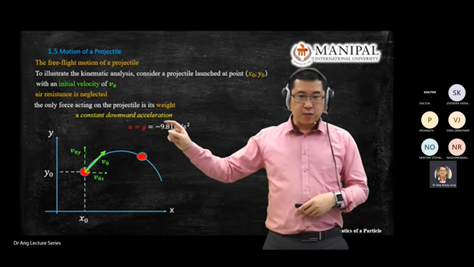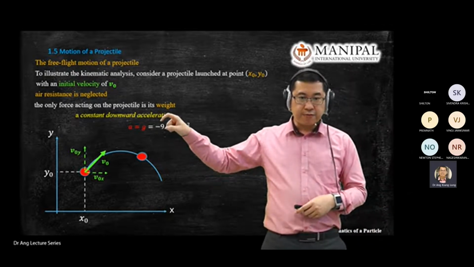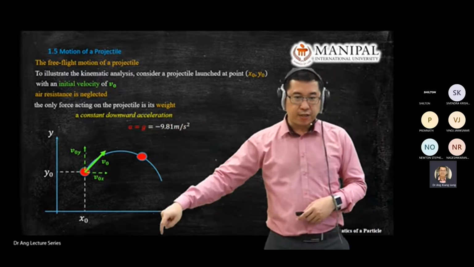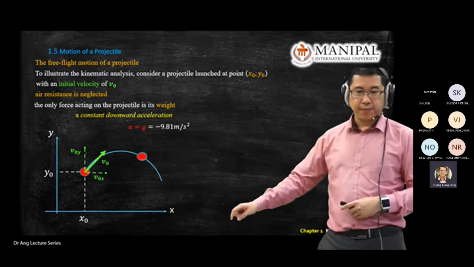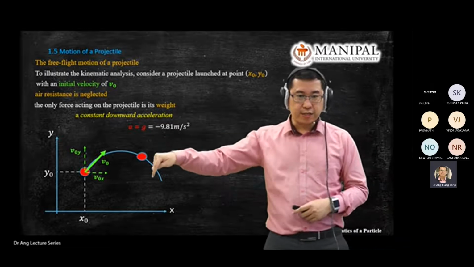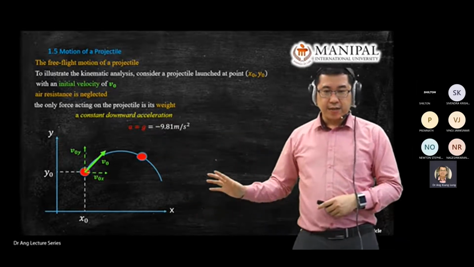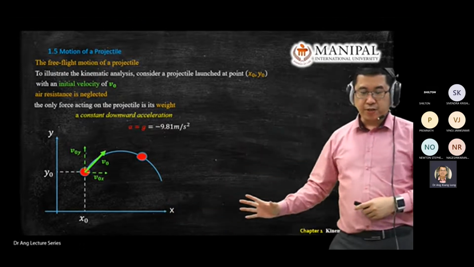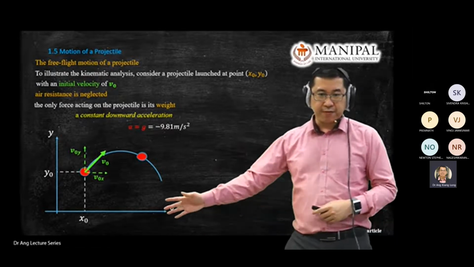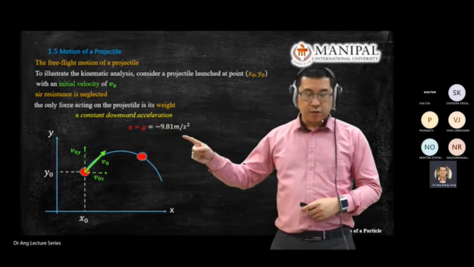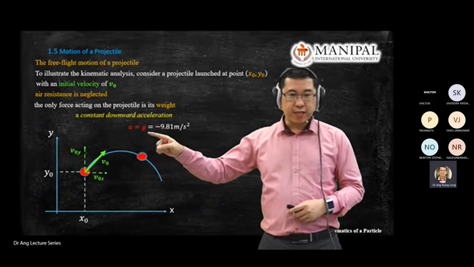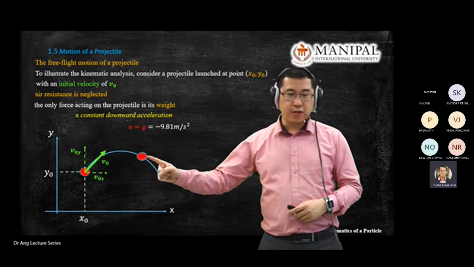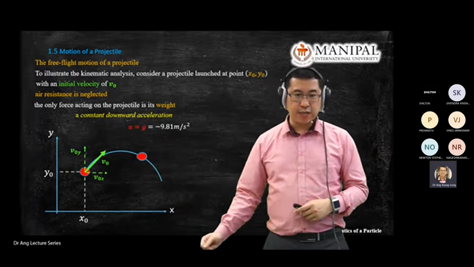And we use a negative symbol to represent the direction of gravity. We assume the direction to the left and to the right is positive, and going up is positive. So that's why when we define our gravity acceleration, the direction is going down, because gravity always acts downwards vertically.